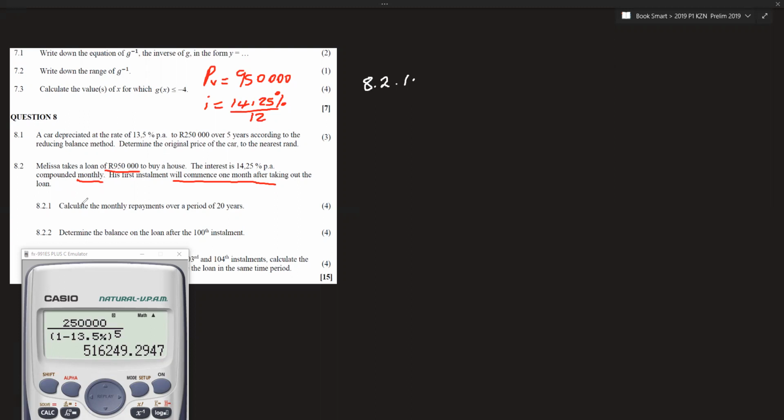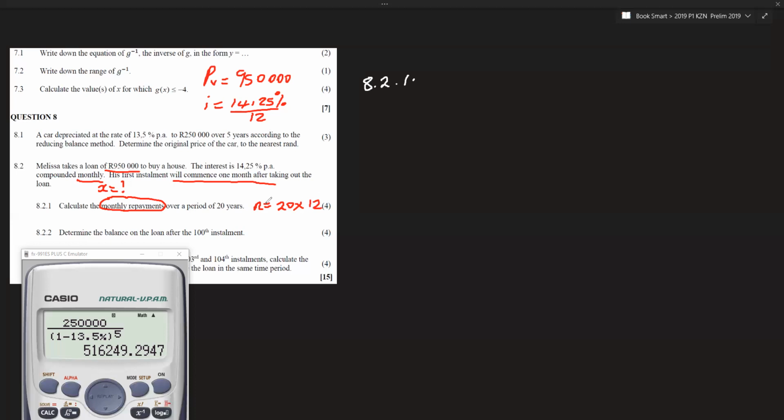They want us to calculate the monthly repayments, so obviously they want us to calculate X, over a period of 20 years. So N is 20 years. Remember, I said whatever you divide on the interest, you need to multiply here.